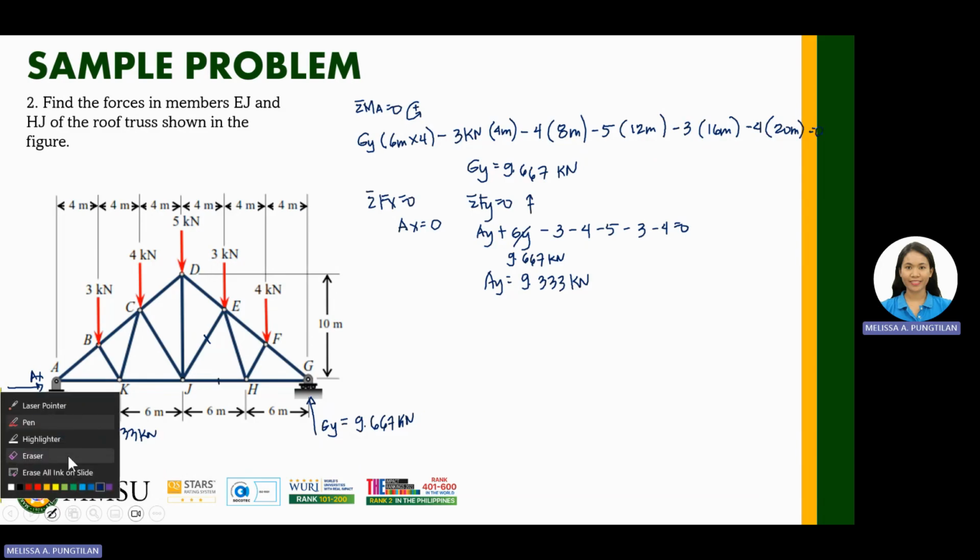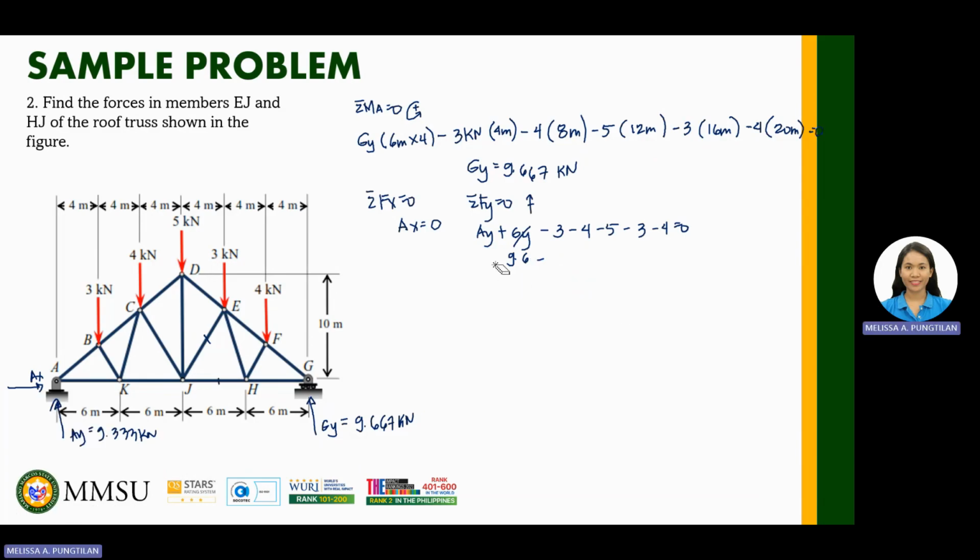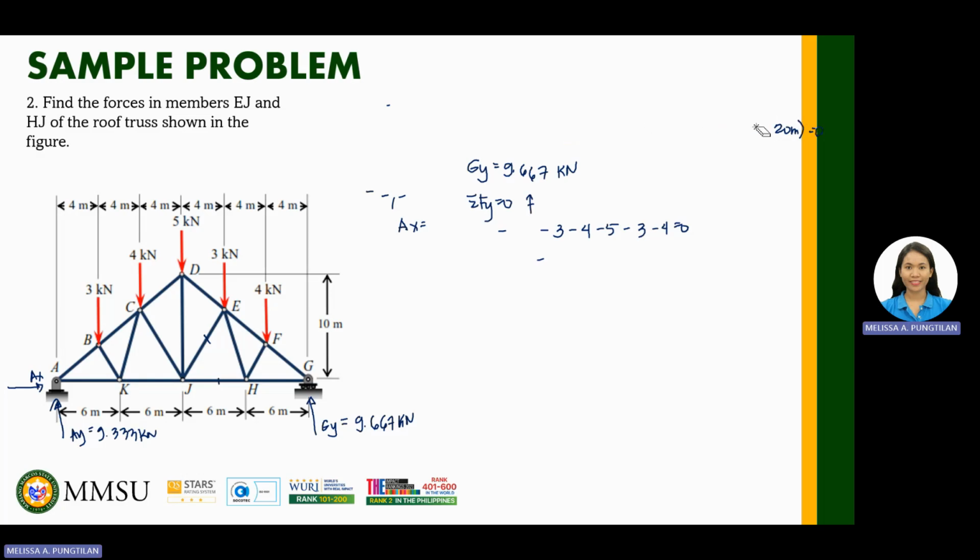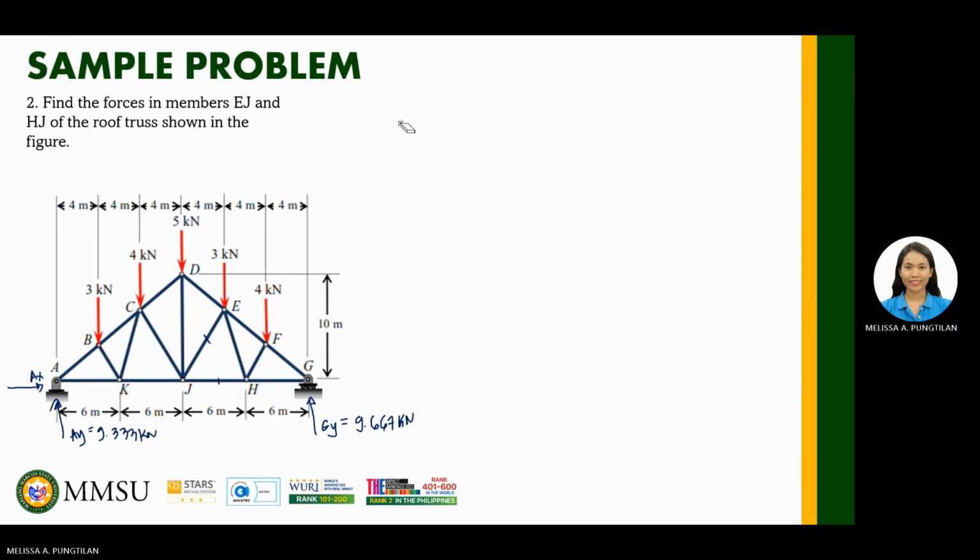So let's proceed to the cutting line. For our cutting line, we will make sure that it passes through our members of interest. Our members of interest here are members EJ and HJ. Okay, EJ and HJ.